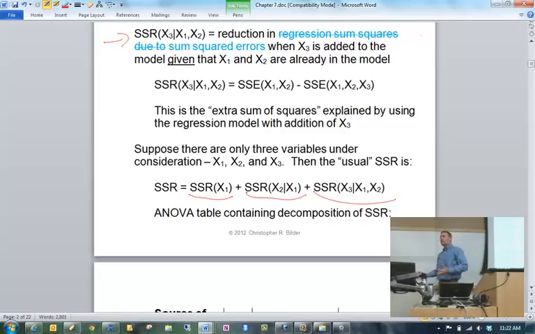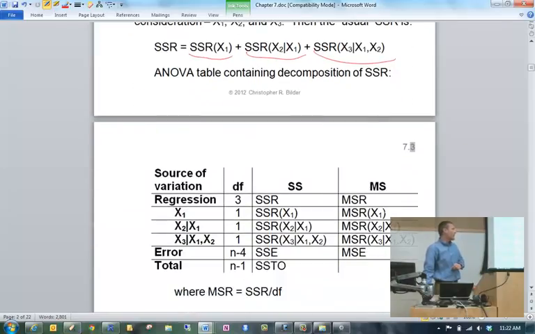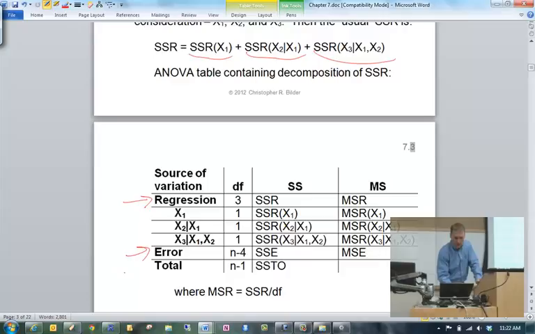If you've taken a course like Stat 802, you've discussed stuff like this, where you partition your sums of squares. So in our ANOVA table, where we summarize these sums of squares, we're used to seeing the regression row, the error row, and the total row. Now I'm going to add rows corresponding to this partitioned SSR.